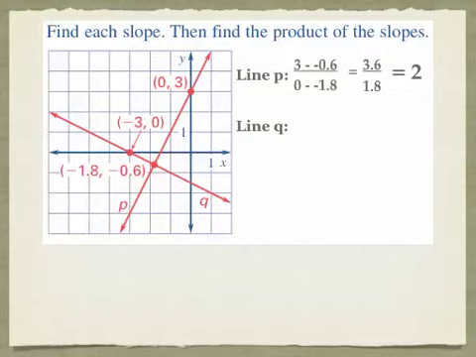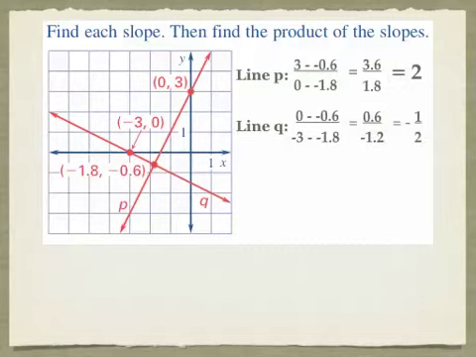For line Q, I'm using the point -3, 0, and the point -1.8, -0.6. In the slope formula, we have 0 minus -0.6 over -3 minus -1.8. Again, subtracting a negative is the same thing as adding a positive, so we have 0.6 over -1.2. 0.6 does go into 1.2 two times, so the slope for line Q is -1/2.